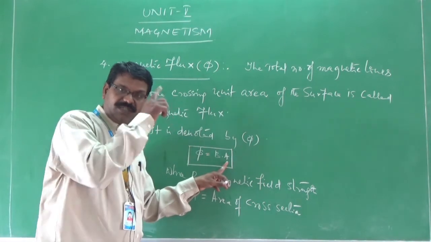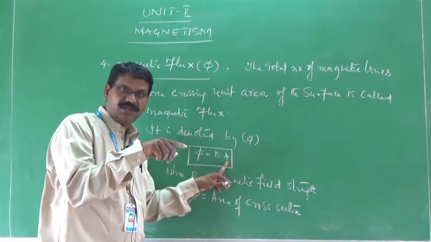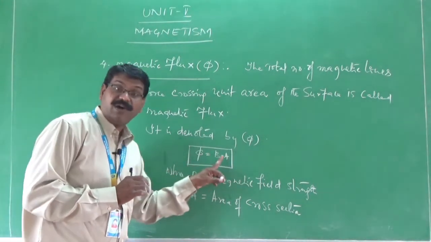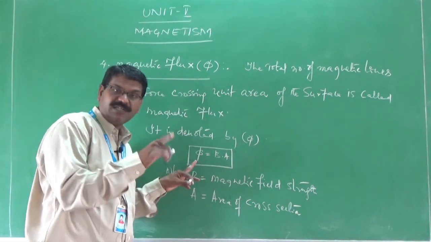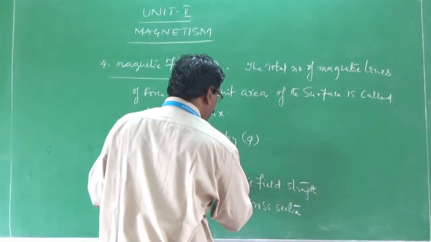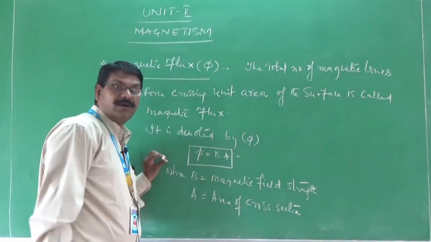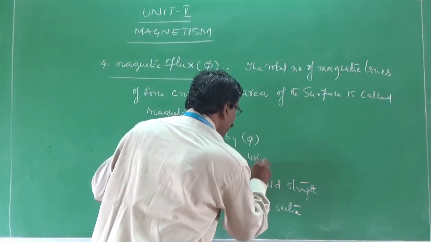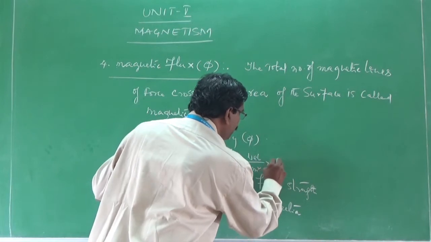Now in the previous definition, that is the third definition we completed, B is equal to phi by A. But here if you take cross multiplication, phi is equal to B into A. That means I can write B as Weber per meter square, into meter square.